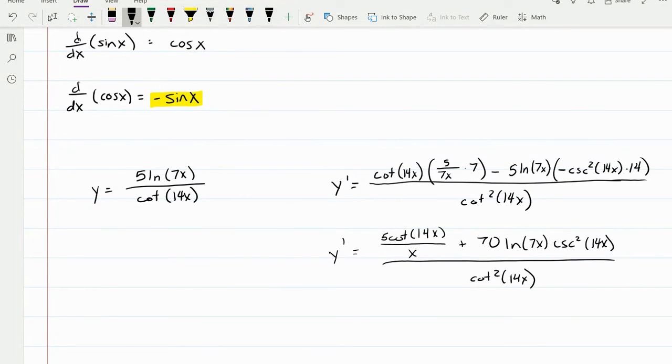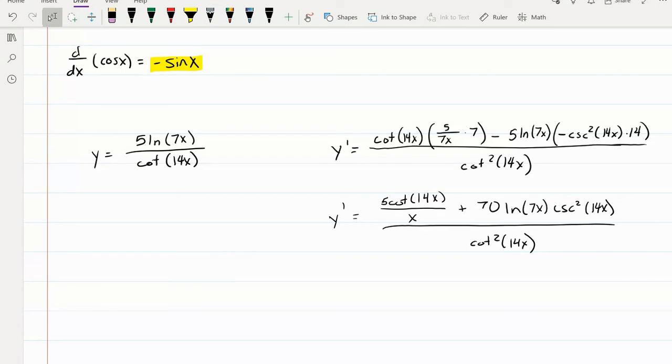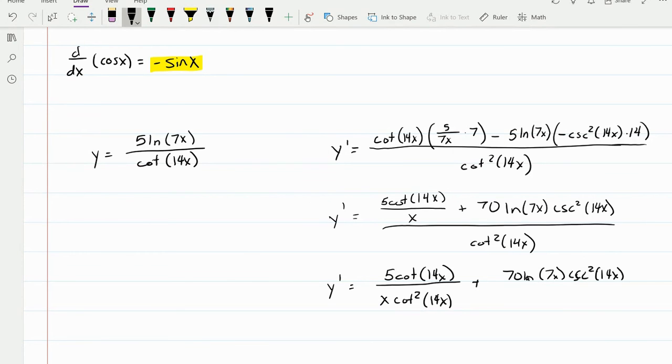So we want to take one more step and get rid of that. So the best way to do that is to split my whole numerator into two parts. So I'm going to take that first term over cotangent squared of 14x, and then that second term over cotangent squared of 14x. So when I do that, I have 5 cotangent 14x over x cotangent squared 14x plus 70 ln 7x times cosecant squared of 14x all over cotangent squared of 14x.